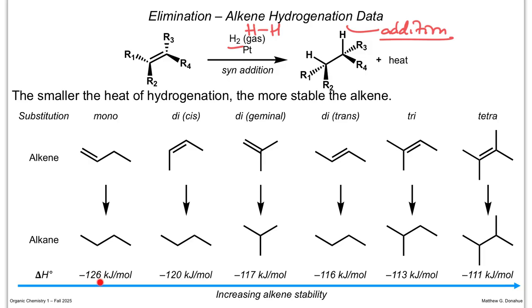That evolves more heat, meaning it's less stable. And then you can see the trend in between them. So the ranking of the number of substituents helps you figure out what is going to be the preferred product. And really, you want the double bond to have as many carbon substituents as it can.